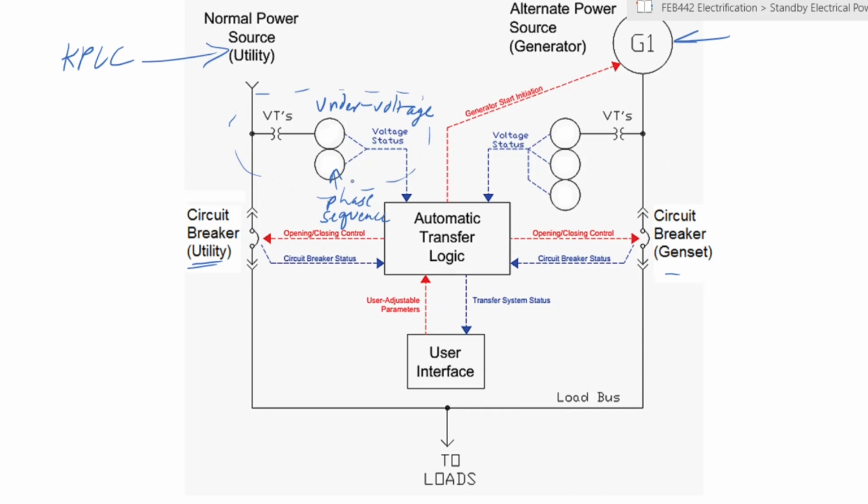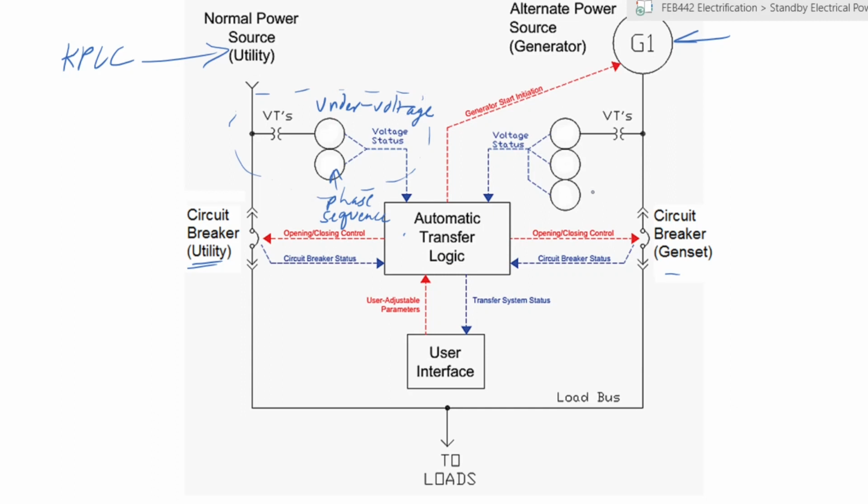In case the power supply at the utility is in the opposite, say red, blue, yellow, or any other configuration, the sensor for phase sequence would be able to trigger the automatic transfer logic. So these sensors would trigger this logic, and the logic in turn would send a signal to the circuit breakers to break, which we will go into the sequence of events shortly.